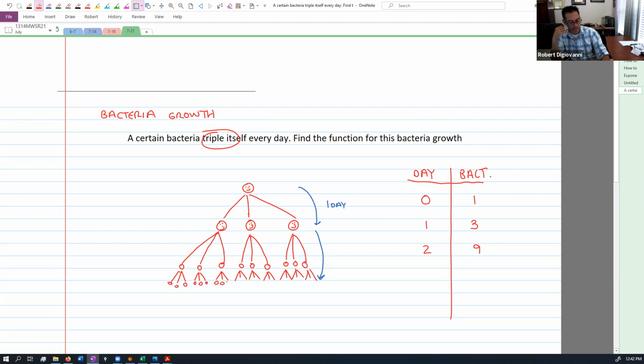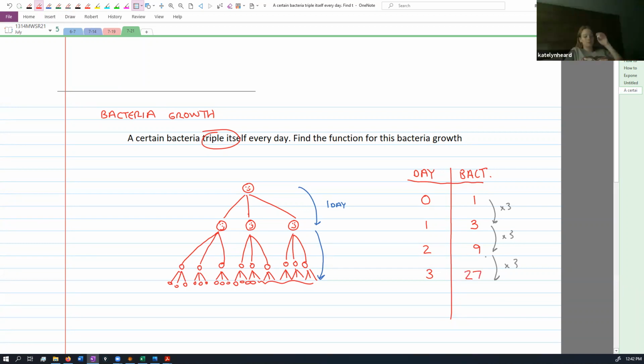So it's tripling each day, times 3 times 3. Next one would be 27. We'd have 27 bacteria.